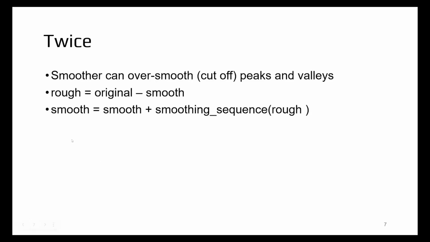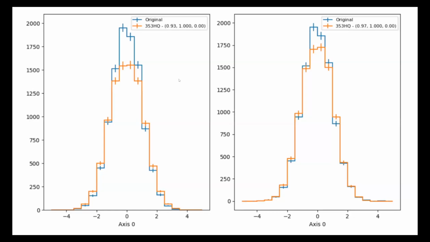So we subtract our smoothed data from the original, call it the residual, apply our smoothing sequence to the residual, and add it to our smoothed values. Here is an example of how it looks. Same data, same function, but on the left we don't apply twicing, and on the right side we apply twicing once.